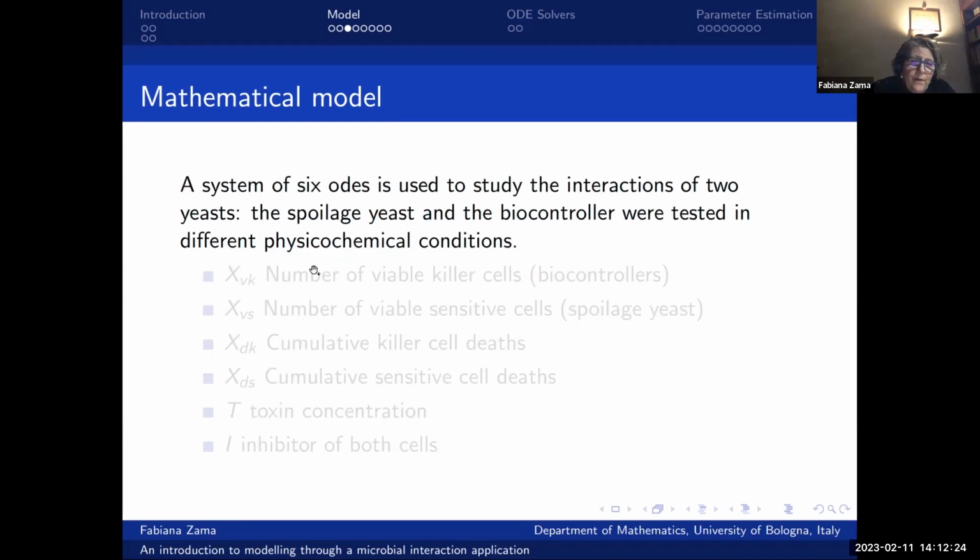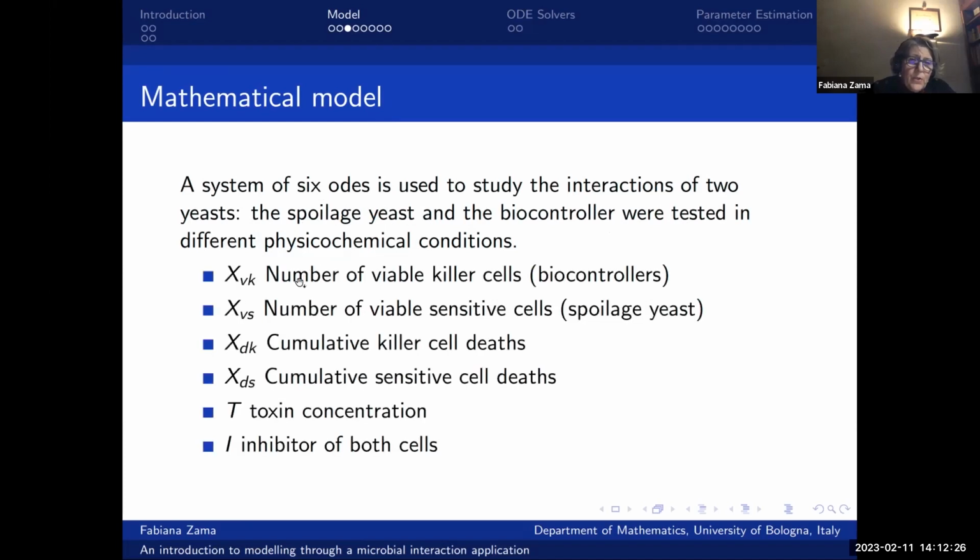So the six populations describe the number of viable killer and sensitive cells, and the opposite, the cumulative killer deaths and the cumulative sensitive deaths. And then there are other two populations that are the toxin concentration and the inhibitor of both cells. There is a population that is actually affected by the dynamics of both populations.